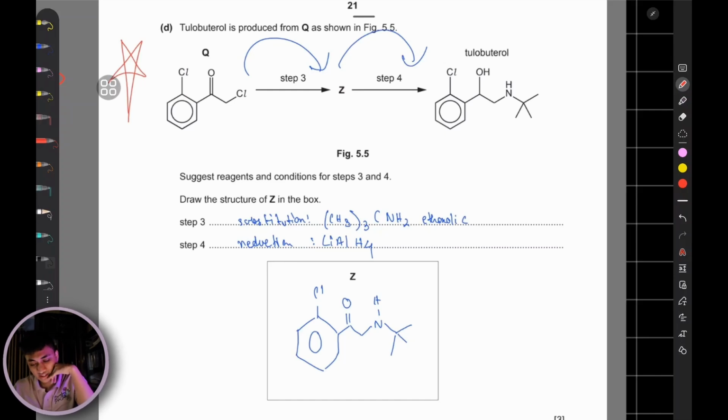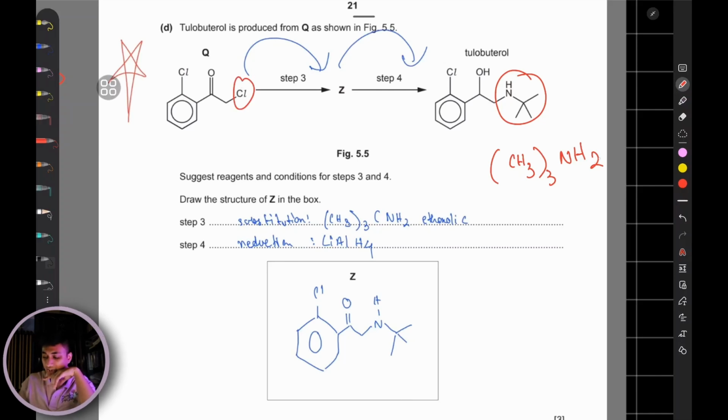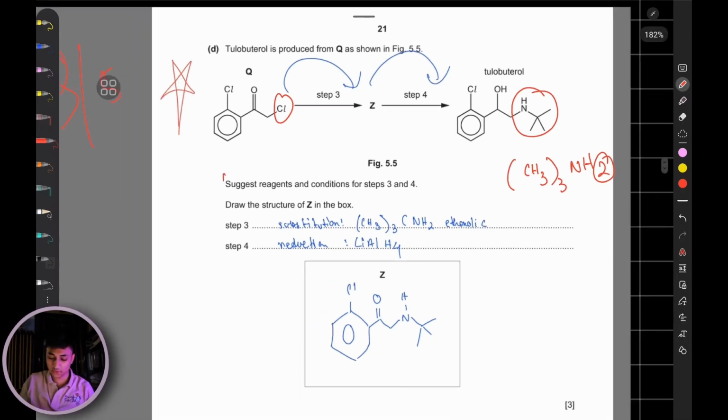So basically what they've done is added CH3NH2 over here, right? The Cl and one of the H got eliminated from the structure. Fair enough. So let's see what the question is asking.